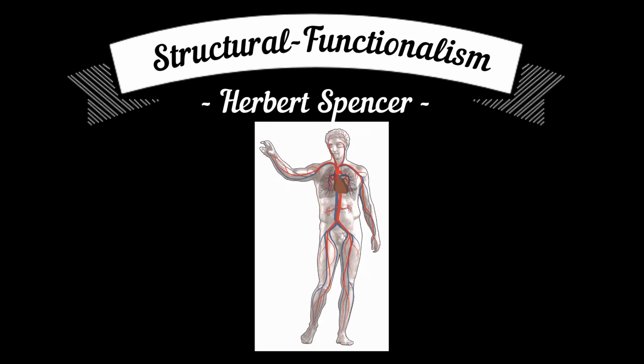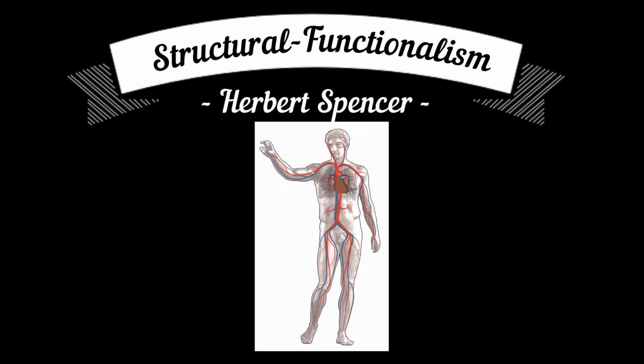I feel like the best way to understand functionalism is to use Herbert Spencer's analogy of society being like a human body. A human body has so many integral parts, such as various organ systems, organs, fluids, etc., and they all have to work together to keep somebody alive.